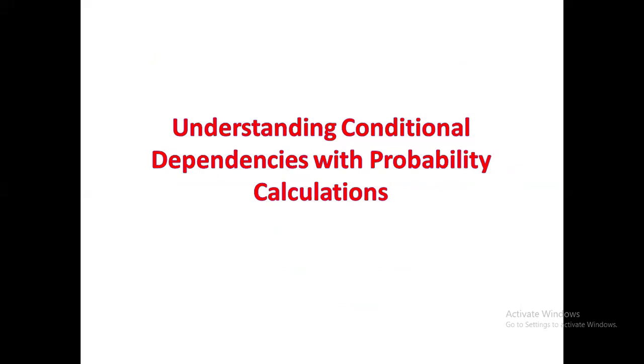Understanding conditional dependencies with probability calculation is essential because it helps in analyzing how the occurrence of one event influences the probability of another. This knowledge is crucial in fields like machine learning, data analysis, and decision making, where identifying relationships between variables improves prediction accuracy.